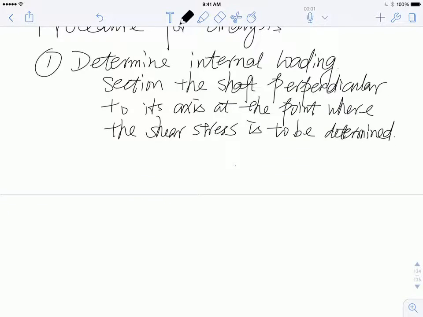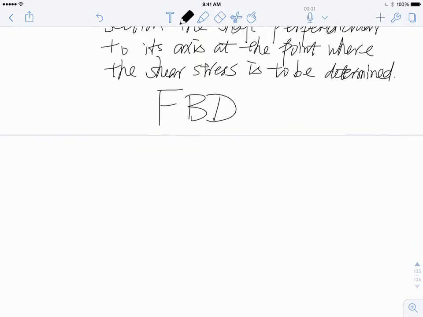Basically, we need to find a cross-section area, and then we need to do the stress analysis, in other words, a free body diagram.